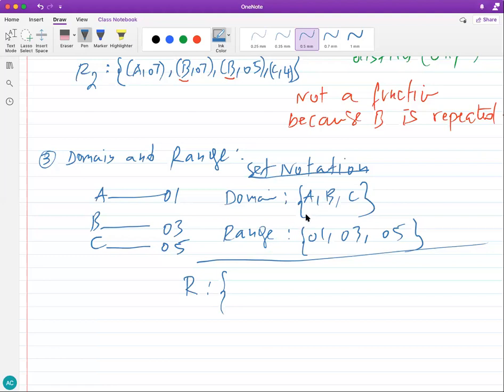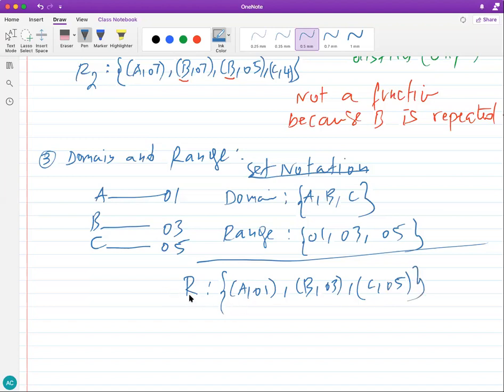Not looking at this, we need to look at this, because this doesn't tell us what kind of relationship is between the values, but we need to go to the table or the relation first. So what's the first pair? A, 0, 1. That's right, A comma 0, 1. Then? B, 0, 3. That's right, another comma and? C, 0, 5. C, 0, 5, and close.